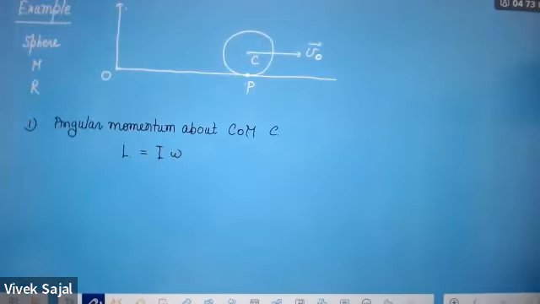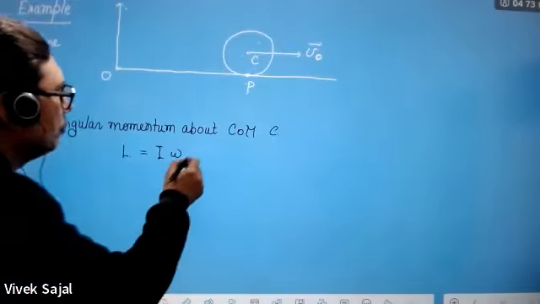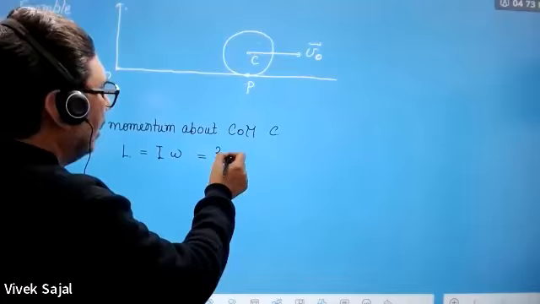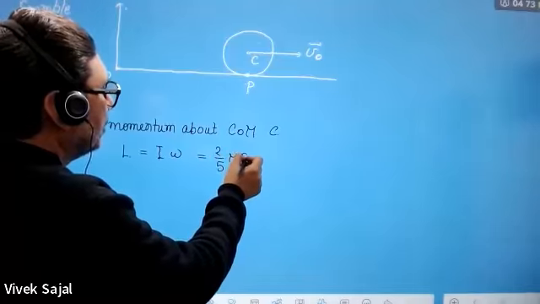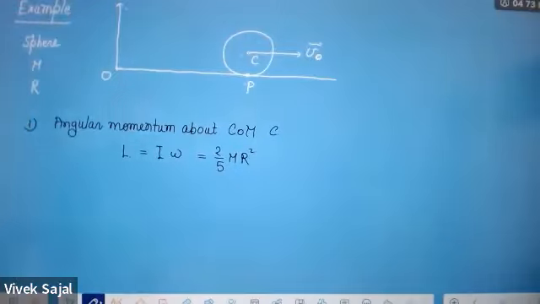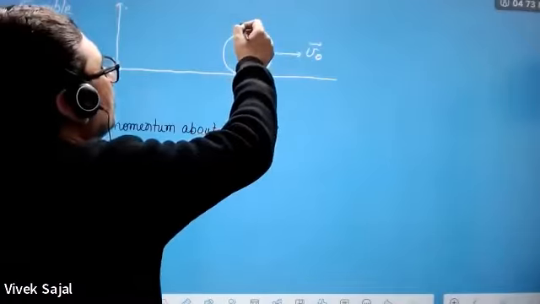What will be I for the solid sphere? The moment of inertia of the solid sphere will be 2 by 5 mr square. And next is this omega. Suppose it is rolling like this.